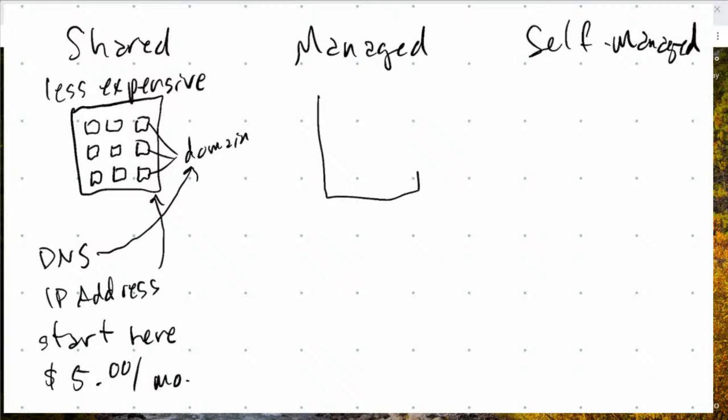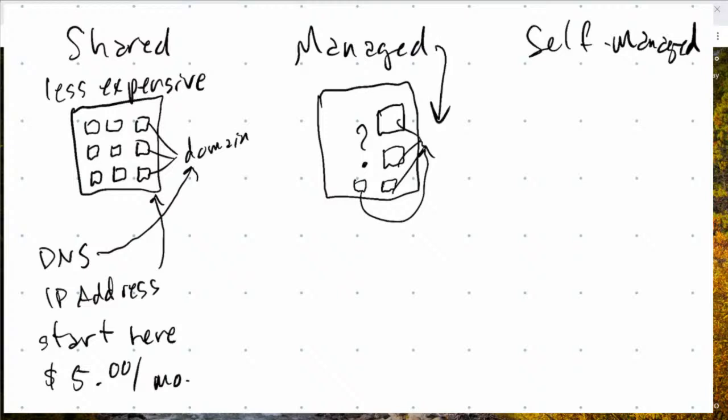Now managed hosting is a little bit more of a mystery. There might be one website on the existing server, or there might be other websites that you don't really know about. Because these are served and managed by professional system administrators, what you have is VPS, Virtual Private Server.